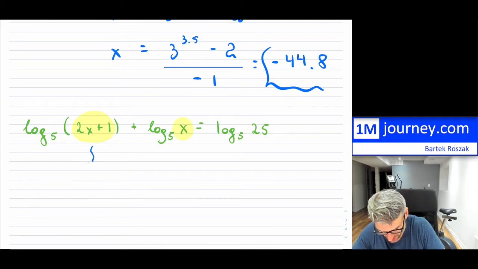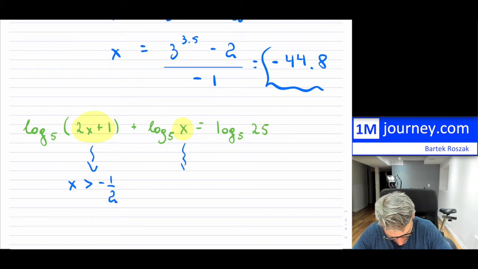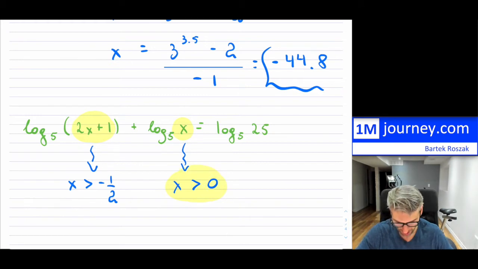I've already done this in the beginning. We said that x is greater than negative 1 over 2, and from the other log, x has to be greater than 0. So this one dominates. That's what we have to be careful of.